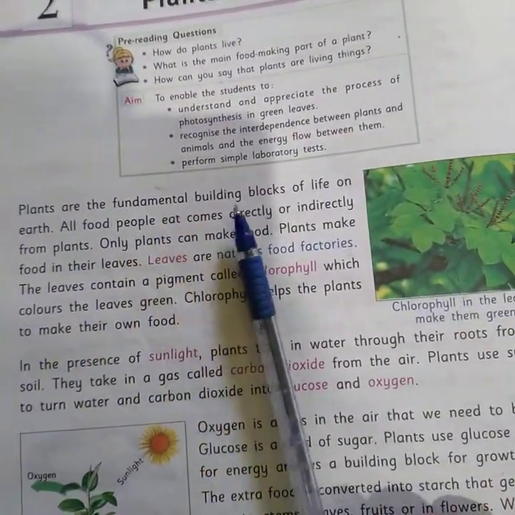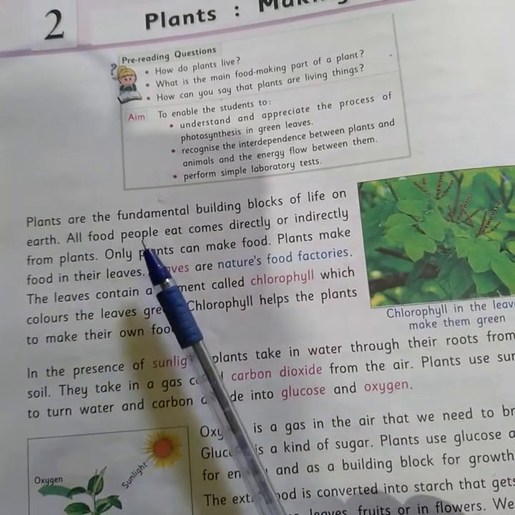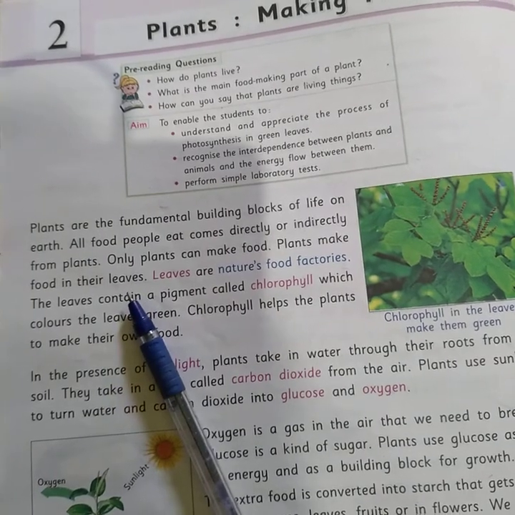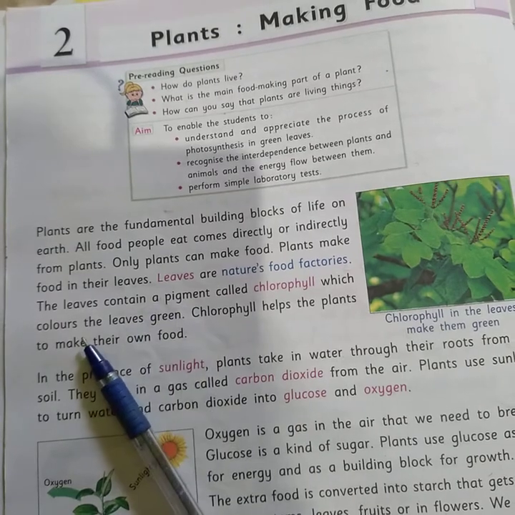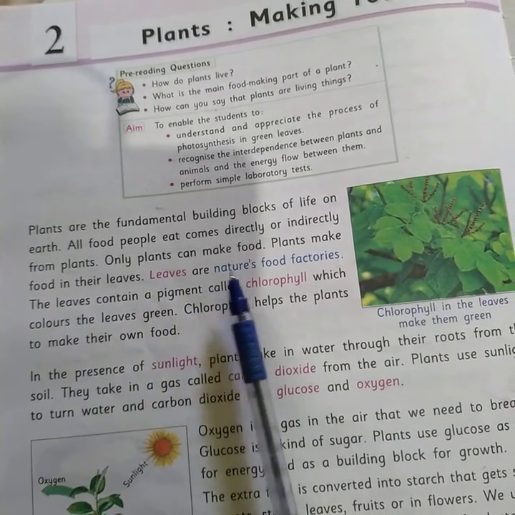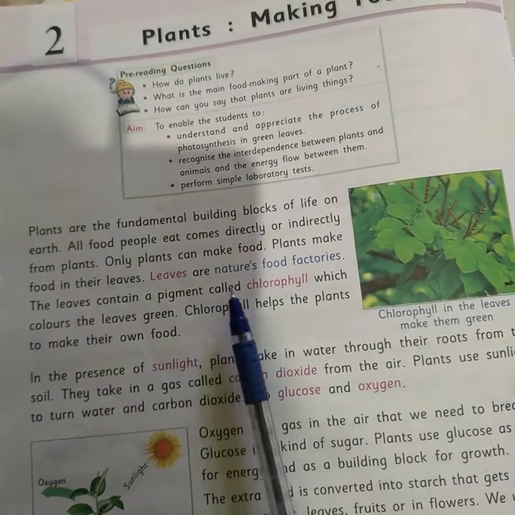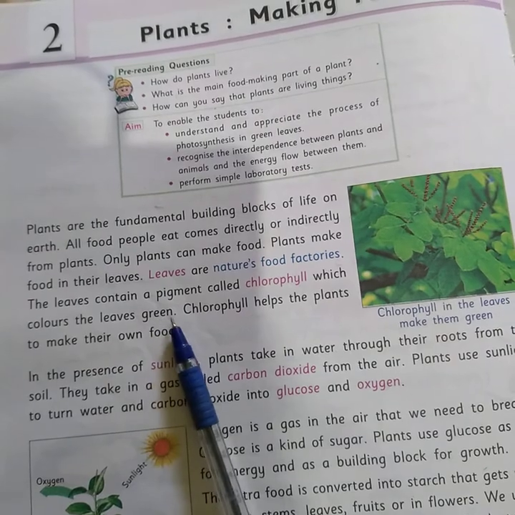Plants are the fundamental building blocks of life on earth. All food people eat comes directly or indirectly from plants. Only plants can make food. Plants make food in their leaves. Leaves are nature's food factories. The leaves contain a pigment called chlorophyll which colors the leaves green.